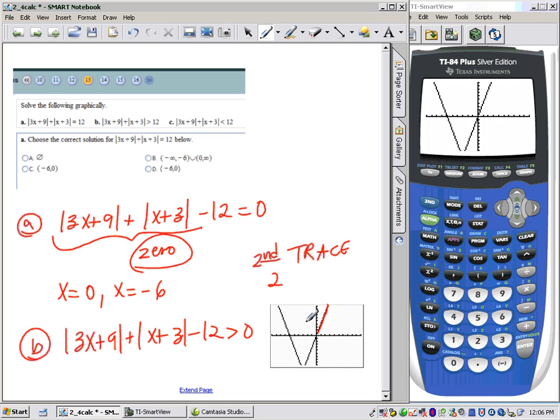Where it's above the x-axis, right? And that is to the right of 0 and to the left of -6. So it would be from -infinity to -6 union 0 to infinity.